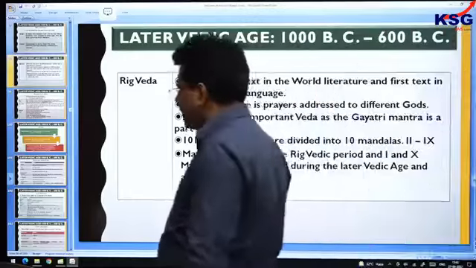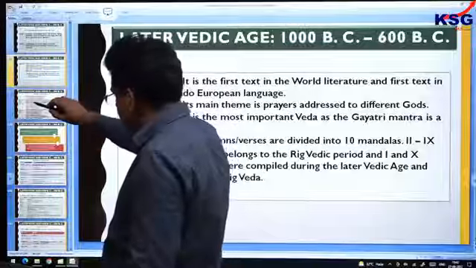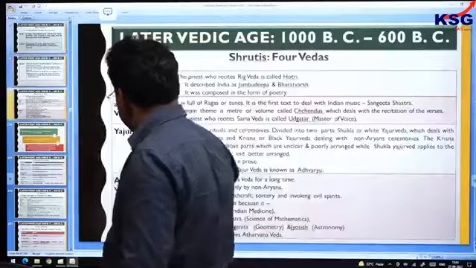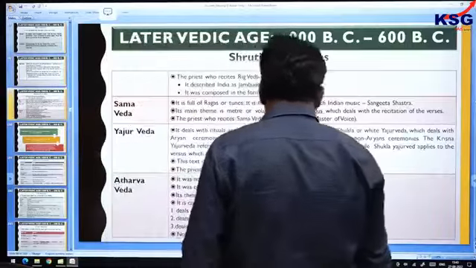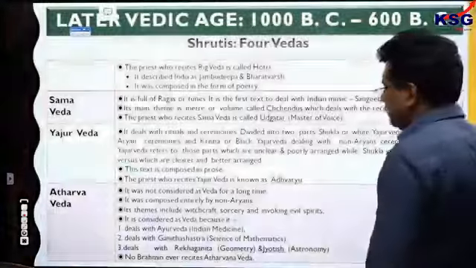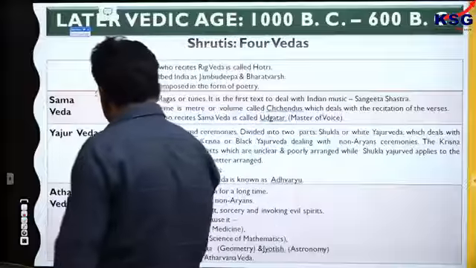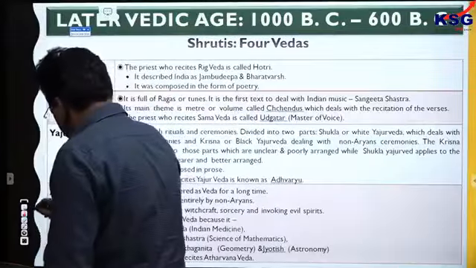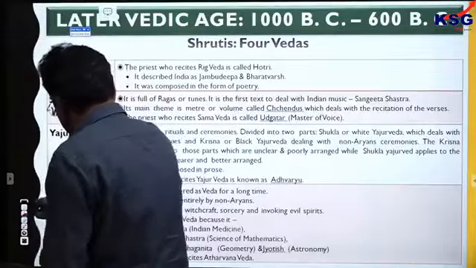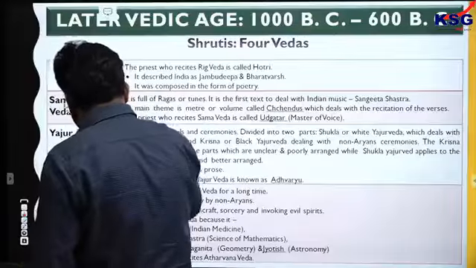So this is the oldest writing in Sanskrit literature. In Ved, we have Rig Ved, Samved, Yajurved, Atharved.